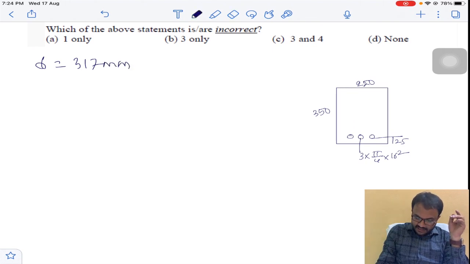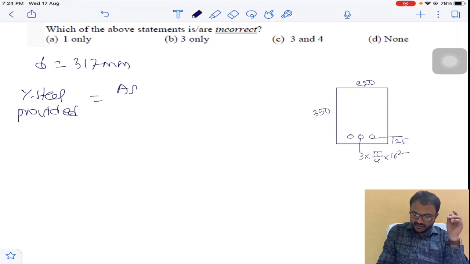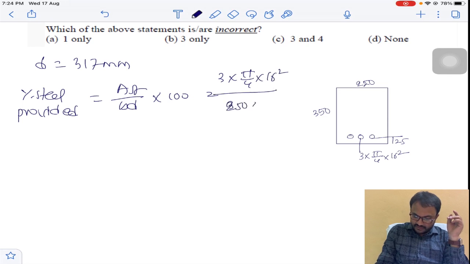So that is what we calculated here. Percentage steel provided. So the first option related to steel, AST by bd into 100. So what is AST? 3 into pi by 4, 16 square by b is equal to 250, d is equal to 317 into 100. So you will get it is 0.76 percentage.